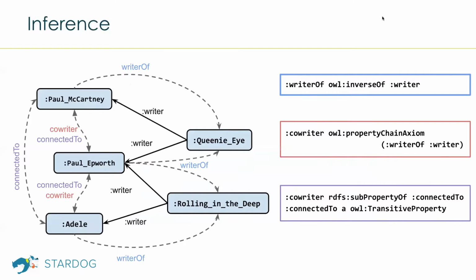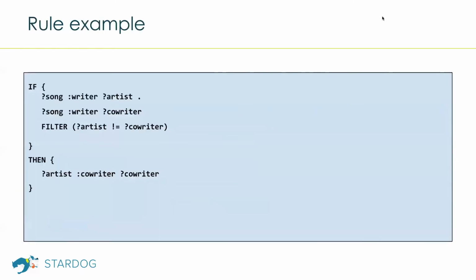We also allow these things called Stardog Rules, which in my opinion is a little bit more intuitive. You don't have to learn OWL. You don't have to know what a symmetric property and a transitive property and all that is. This is just a pretty simple if-then.